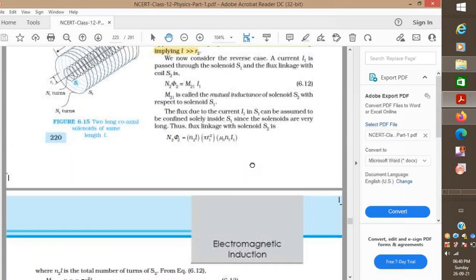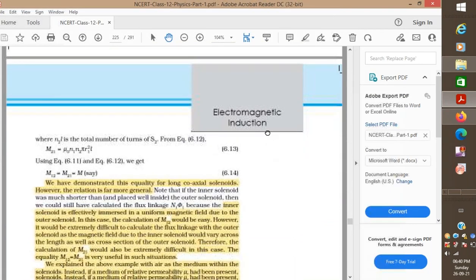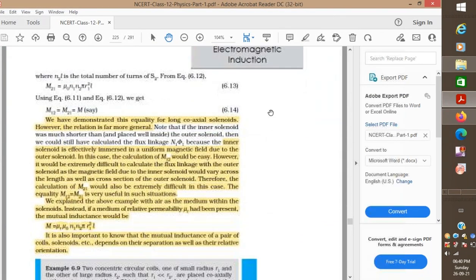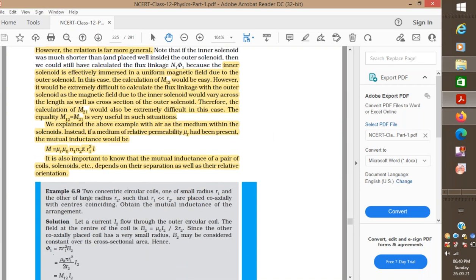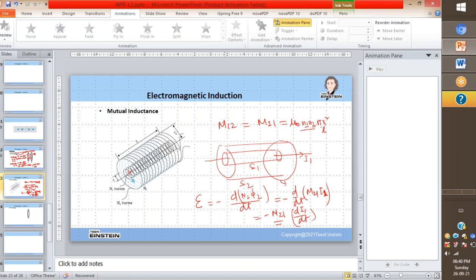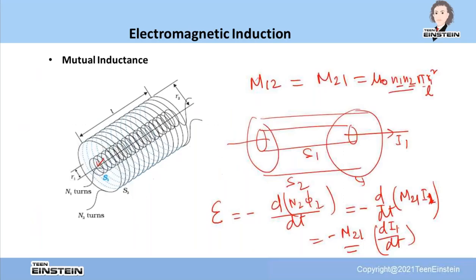So these are the things. Okay, you can just read it. So we have demonstrated the equality for a long coaxial solenoid, but there is a practical situation. Suppose you have been given a situation like your inner solenoid is this much.